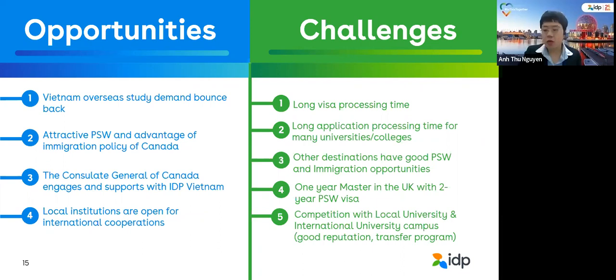The third one is that some other destinations also have very good post-study work and immigration policies, like Australia, and the one-year masters in the UK with a 2-year post-study work visa. And because of COVID, we have a lot of competitors in Vietnam when students decide to study at the local universities and international universities that have campuses in Vietnam.